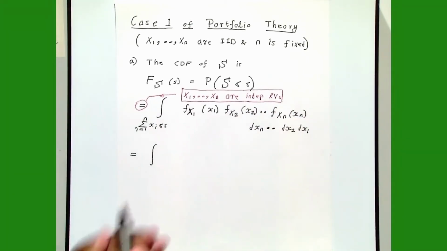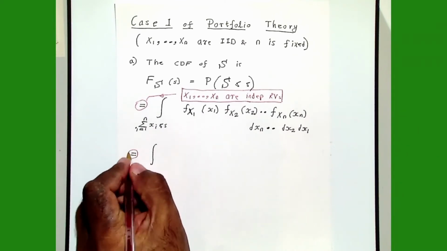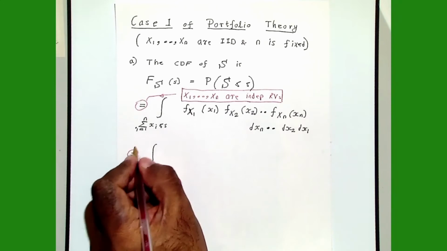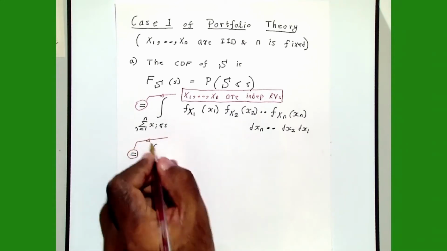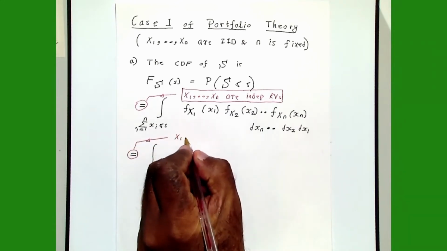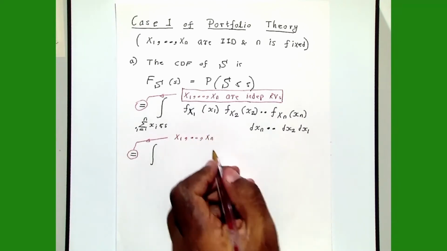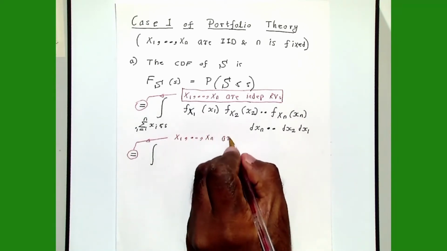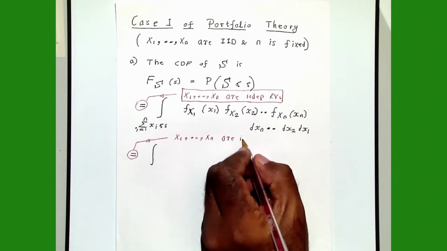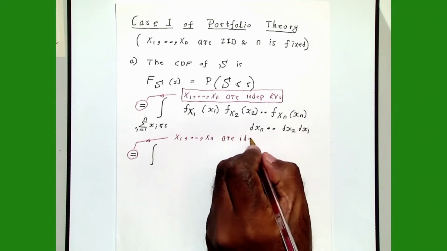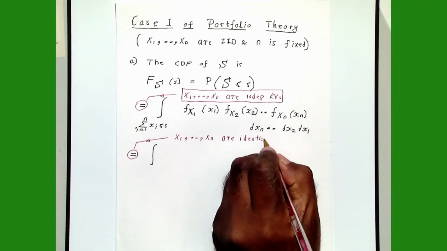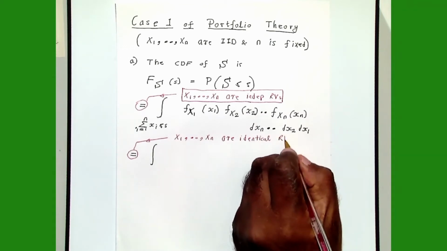All right, in this step I'm going to use the following fact, that x1 to xn are identical random variables.